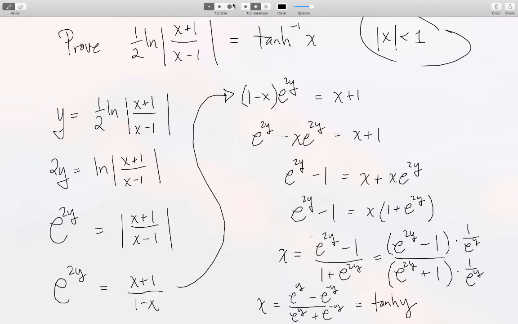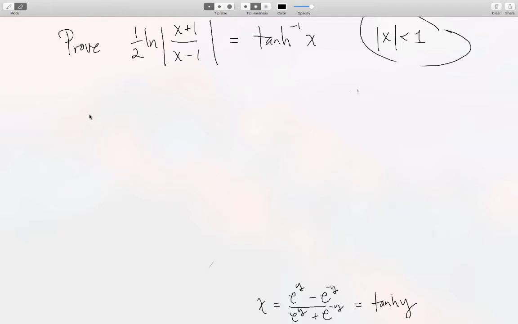Okay, so let's back up, take stock of what we have so far. I had started off actually here, and I said y is 1/2 ln of x plus y over x minus y, and then I took that equation and came up with that x had to be the tangent hyperbolic of y.